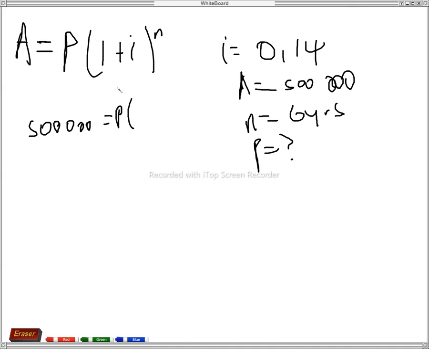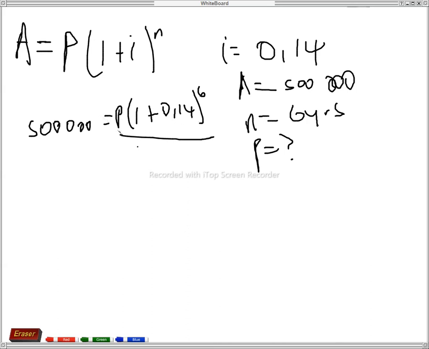Then P is multiplied by 1 plus our interest rate, which is a compound interest, 0.14, and then n is the number of years. You remember, 6 years. So what do you have to do if you want to make P the subject of the formula?